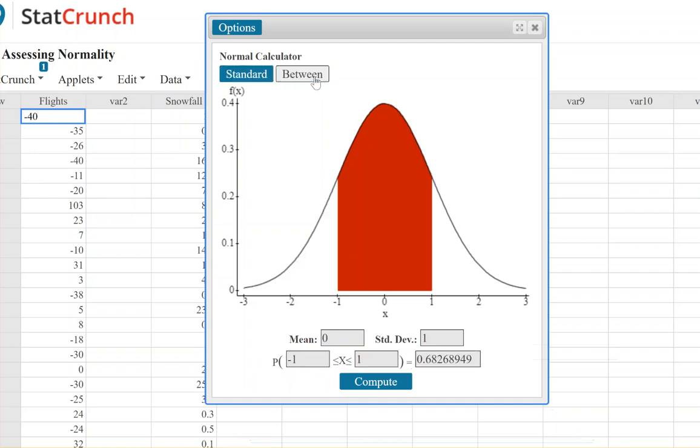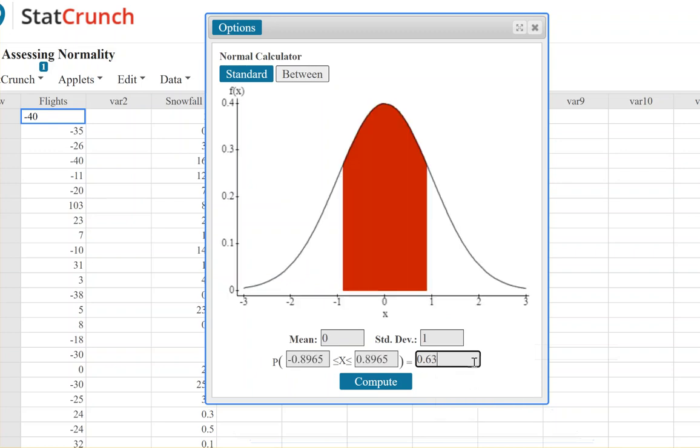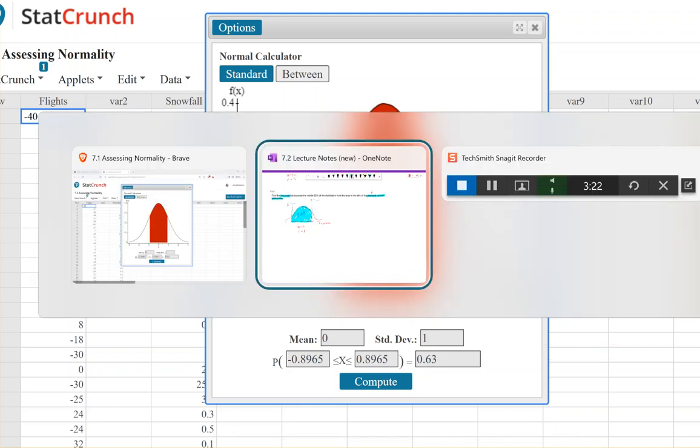Now we're looking for between here because that's the graph I drew, and we need an area here of 63%. So we're going to change this to 0.63. Hit enter or compute, and you'll notice that the z-score on the left is going to be negative 0.897, and then because it's symmetric, we're going to have a positive 0.897.